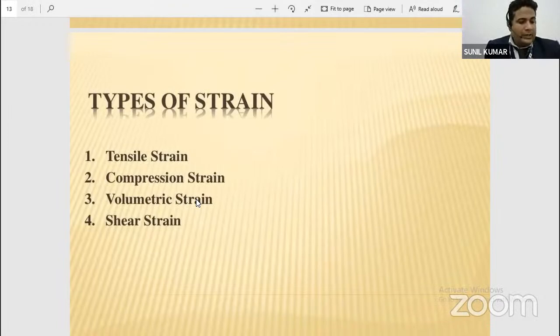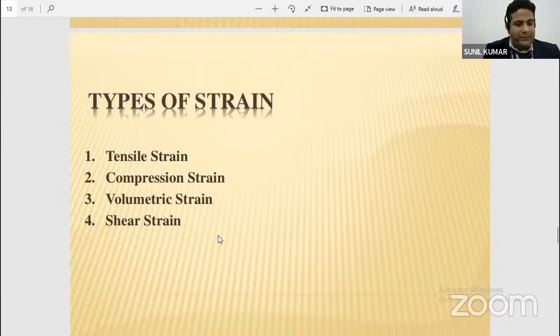Coming to the last one, the shear strain. It's a very, very important thing. How does shear happen? You all know, when any cube, square, or rectangle has one face fixed, meaning the movement is zero, and we apply force on another face, the shape is deformed, shifted to other positions.